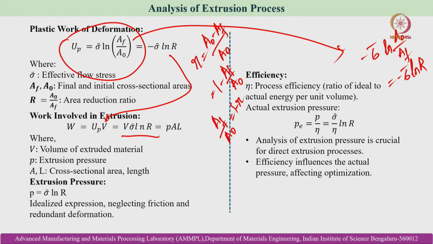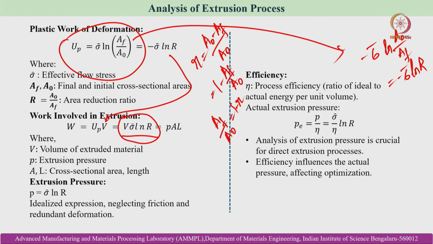This minus sign we are neglecting, and then we calculate the work by multiplying with the volume of the extruded metal, and the resultant expression becomes V sigma bar ln R, which is equal to P into area into length.